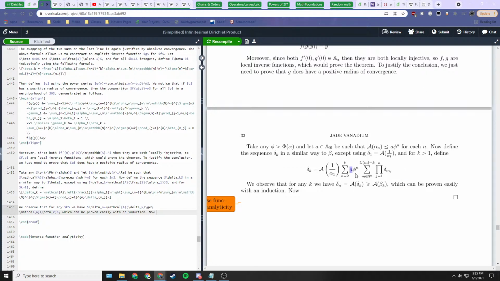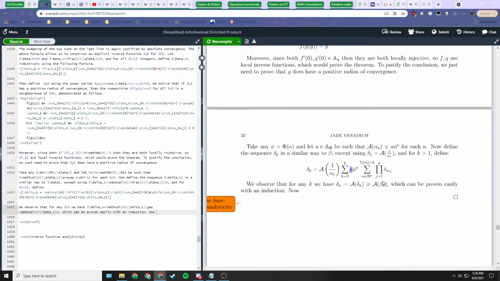We have this other A here. So we're going to gain one of these factors each time we do this calculation. We have a bunch of real coefficients and then some summations. So just a linear combination of these different products. Okay, I know what we need to do.